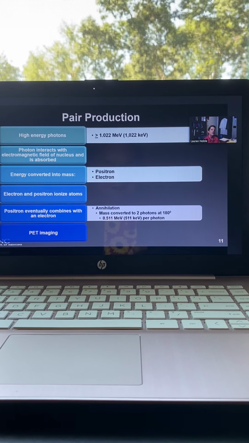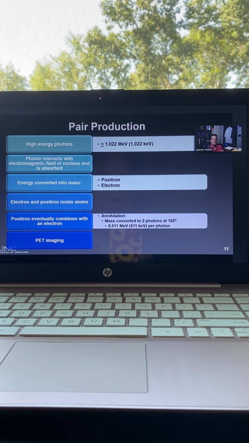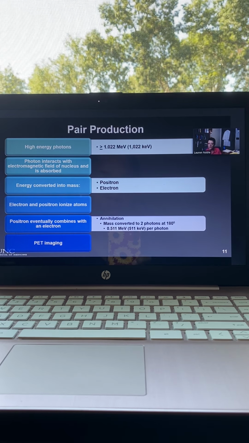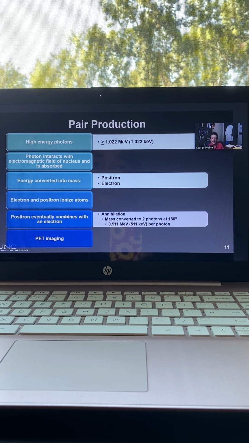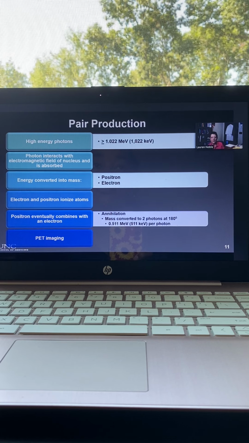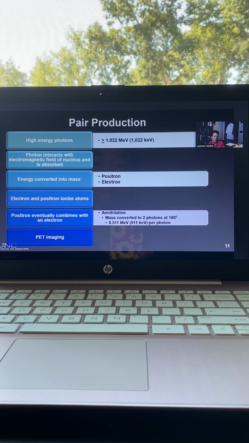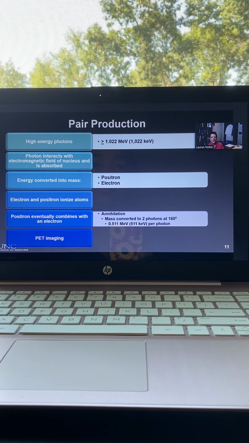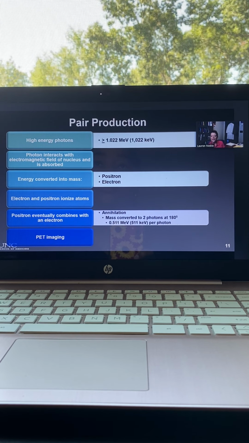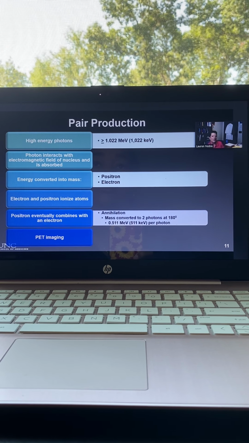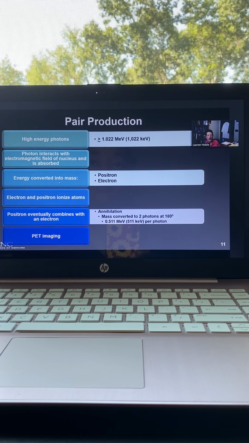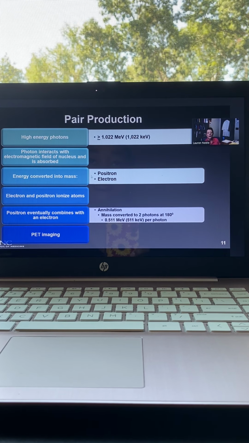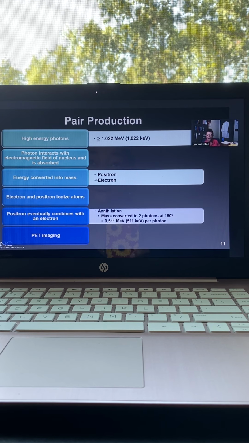Unlike photoelectric, where the photon is absorbed, knocks an inner shell electron out, and ultimately we end up with an X-ray photon being produced, but there is some heat generated within that atom as well. Here, the energy is so high that it gets converted literally into mass.